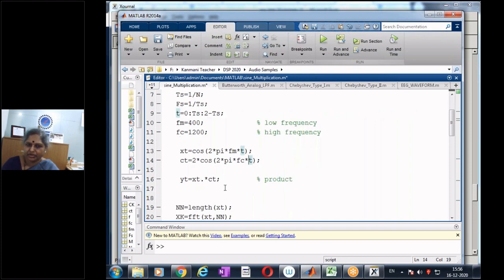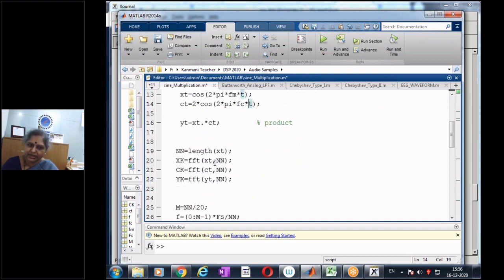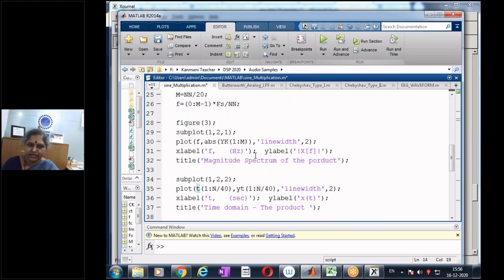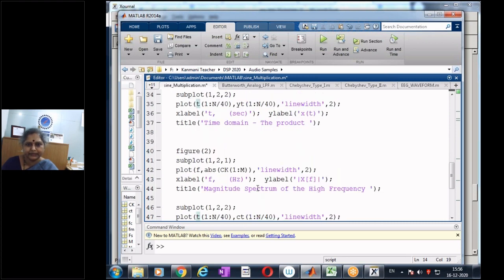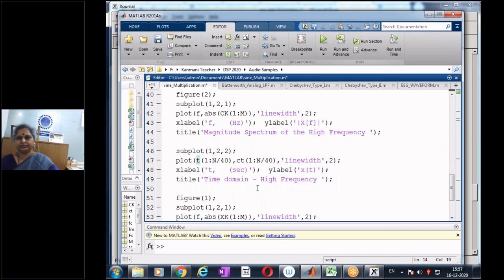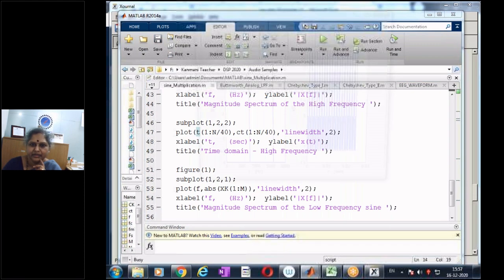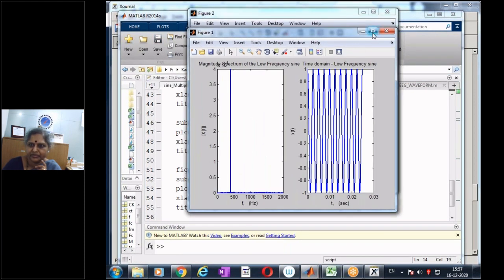Then I'm going to take the product. We compute the FFT of each of them, and then plot them. We are plotting the signals in time and in the frequency domain: the low frequency signal, the high frequency signal, and the product. So let's look at the result.